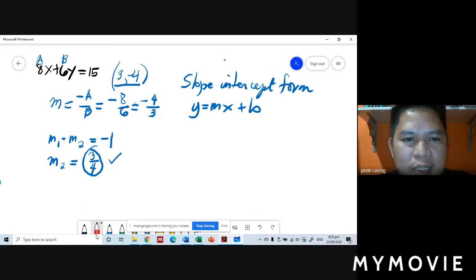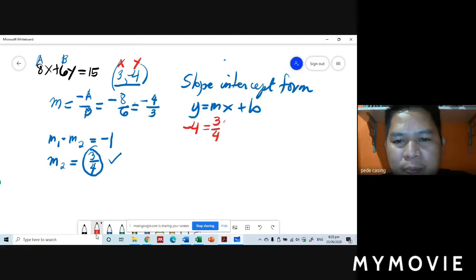So this one, this is our x. The other one, this is our y. So since our y here for the given point in the problem is -4, this will become -4 = m is 3/4, substitute 3/4, x is 3, this one from the problem, plus b.